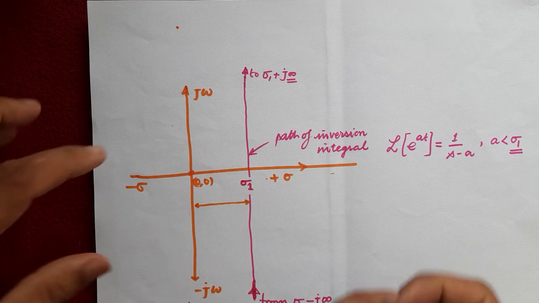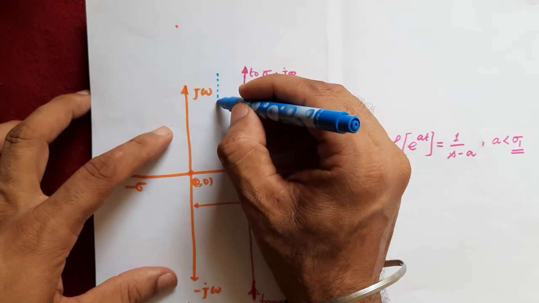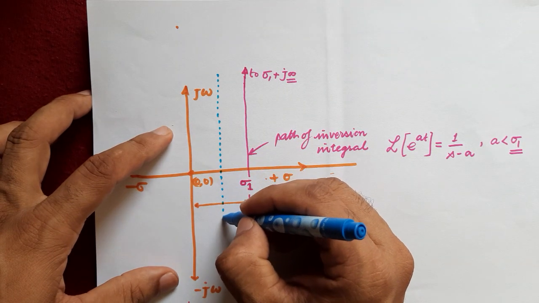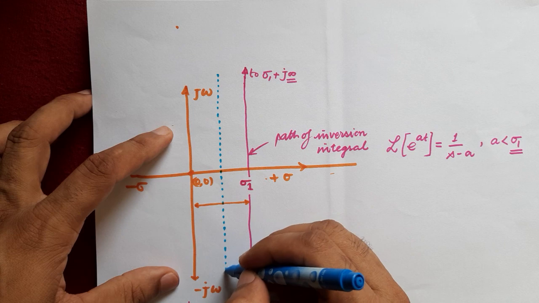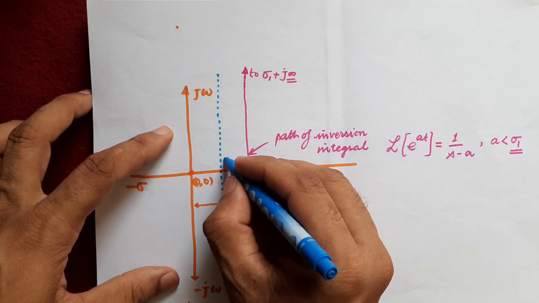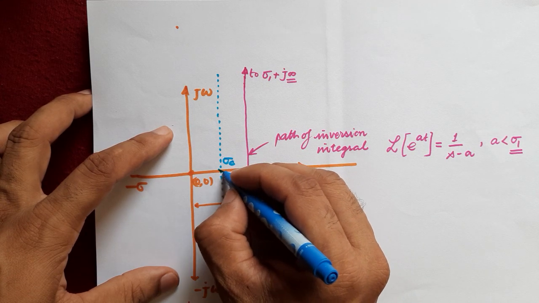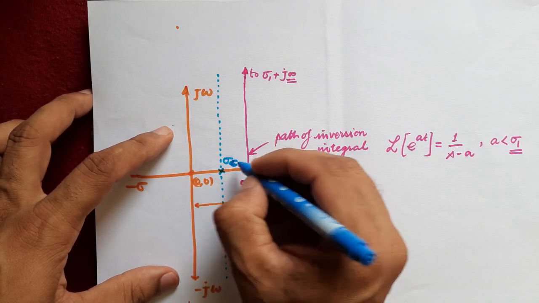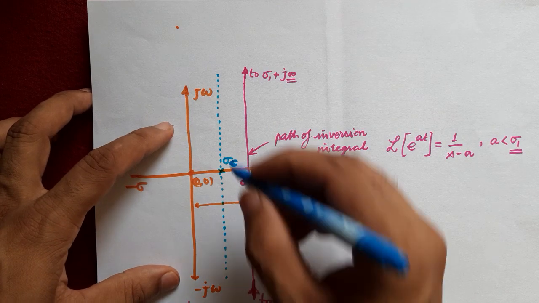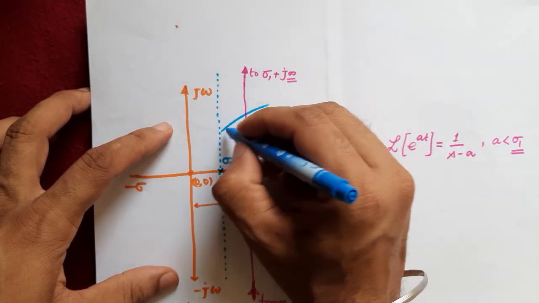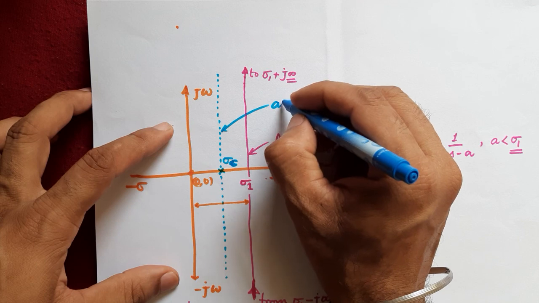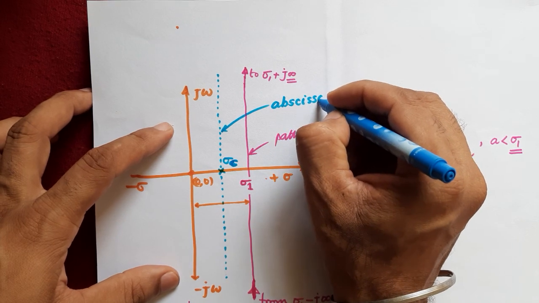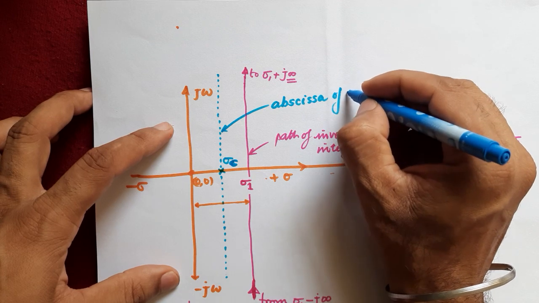So we can get one value sigma c, less than this, and the line where it cuts is sigma c, and this line is called the abscissa of convergence.